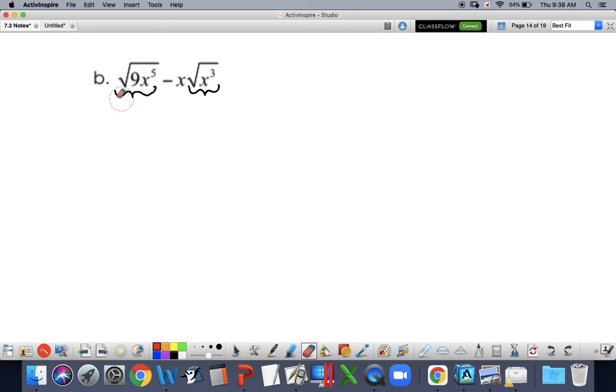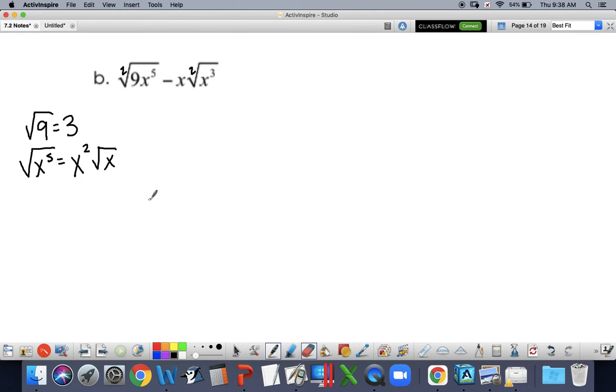So that tells me I'm going to have to simplify each of these radicals down and hope that I wind up with 2 similar radicals that I can do the subtraction. Now this is a square root, so the implied number there is a 2. So I have the square root of 9, well that's 3. The square root of x to the 5th, that's x squared, square root of x.